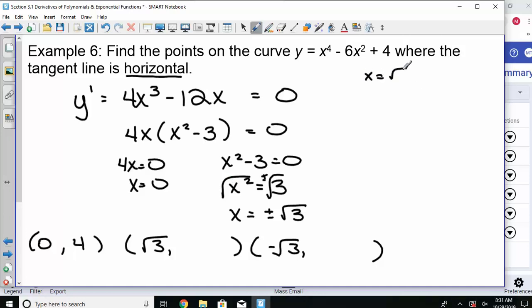If I plug in a radical 3, so radical 3 to the 4. Radical 3 times radical 3 is 3. That would happen twice, so 3 times 3 would give us 9. Minus 6 times radical 3 squared, which is 3. So 9 minus 18 plus 4 is negative 5.